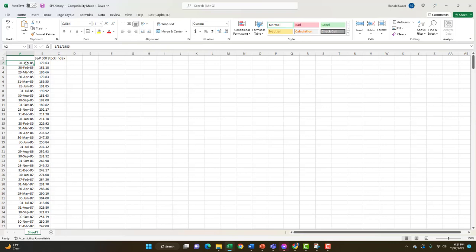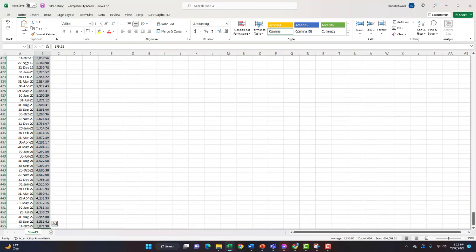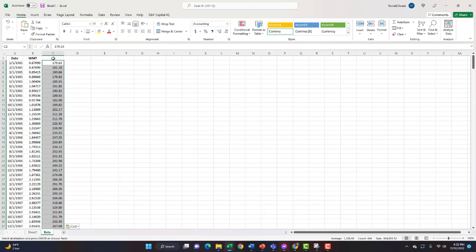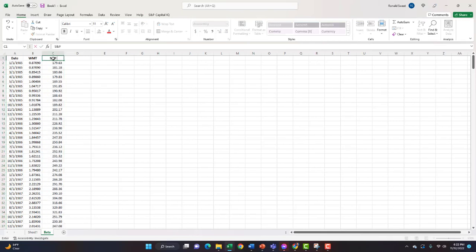It goes through October of this year, which is all we need. So I'm going to take the numbers for the S&P 500 off of that file and copy them and move them to my file so that I now have the S&P 500.